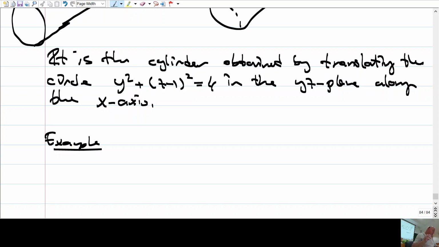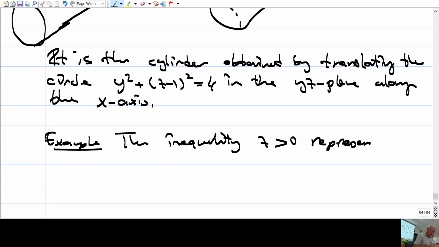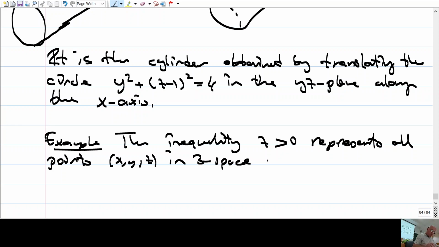What about inequalities? For example, this one, the inequality z greater than 0 represents all points x, y, z in 3-space whose z coordinate is positive.